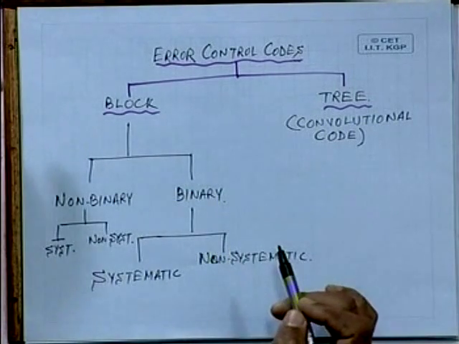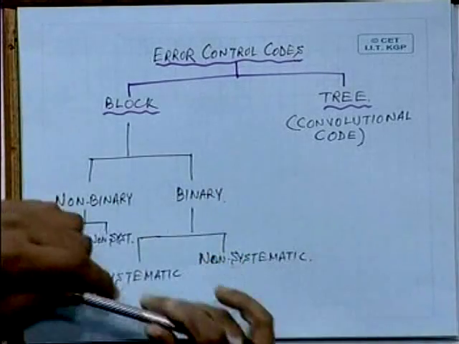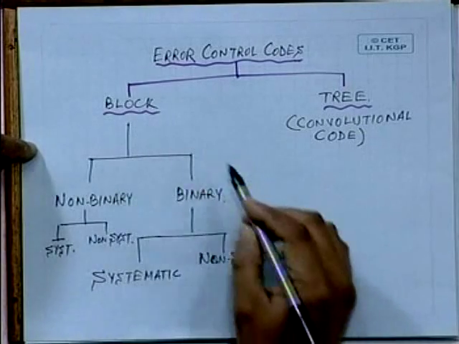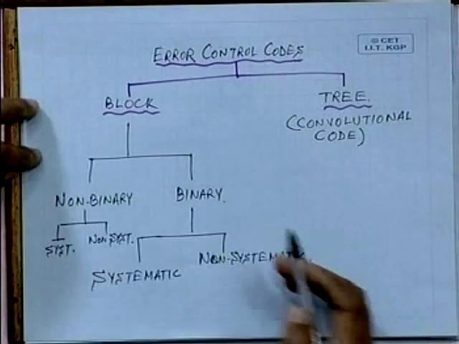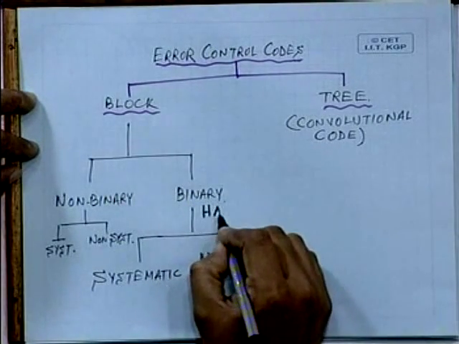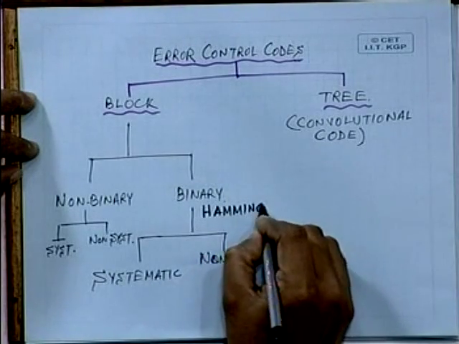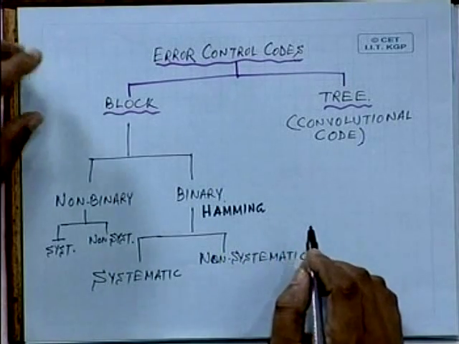To give you some examples, with some names of the codes, so that I remember the names at least, if not the finer details, let me tell you that under the category of block binary codes, there are several codes available. To start with, the example that we will consider later, Hamming, named after R.W. Hamming, who first proposed this coding scheme.